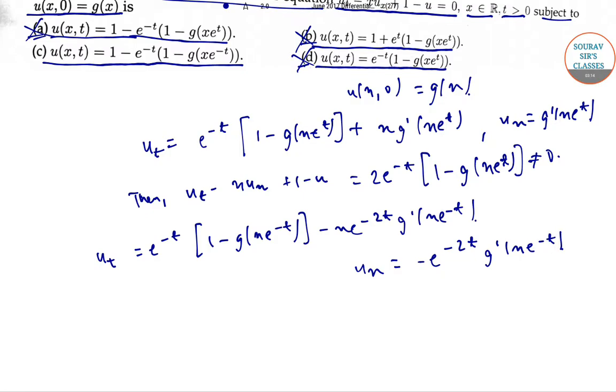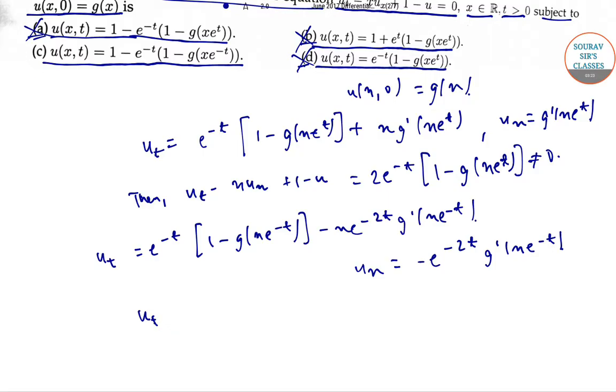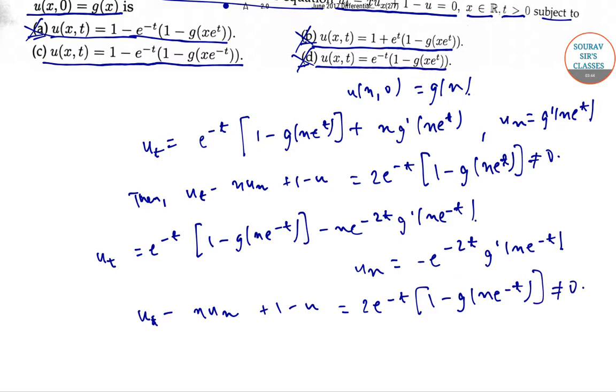Then we get u_t minus x u_x plus 1 minus u is equal to 2 e to the power minus t into 1 minus g(x) e to the power minus t, not equal to 0. Therefore, again option C is incorrect.